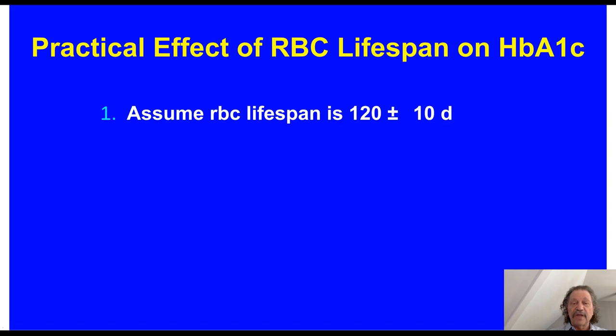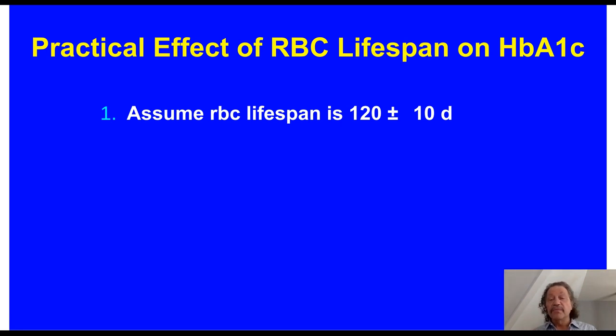So let's do a simple calculation. Everybody's taught that the red cell lifespan is 120 days, but like most analytes, there's presumably a range in healthy individuals, and actually Dr. Higgins has shown that. So, your sodium's 135 to 145, so there's a range, it's not 140.